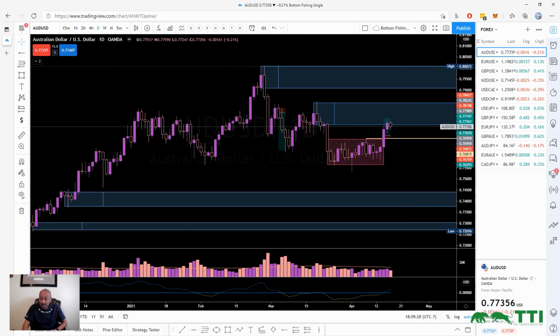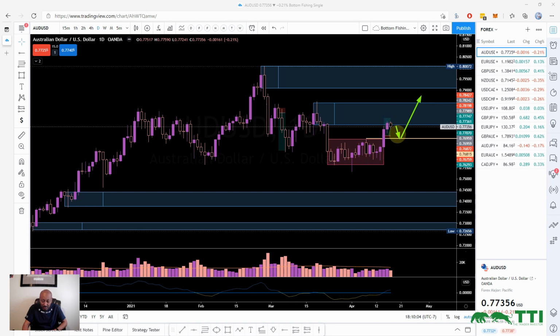What I see for this pair is I would like to see this accumulation block tested, and this would be our E3 in the Wyckoff accumulation analysis. This would be our best entry possibility, because we've been able to touch the order block, and I'm safe to assume that we can get out of this zone and target the next order block.